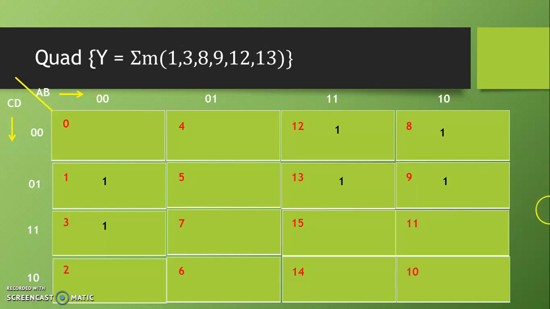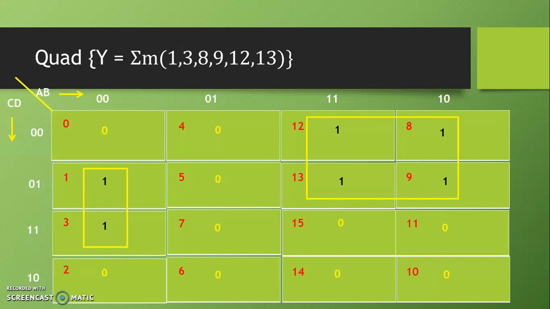Meanwhile we write 0 in all other cells and then we start making groups. In cells 8, 9, 12 and 13 a group of 4 ones or 4 minterms is possible, and it is known as a quad.